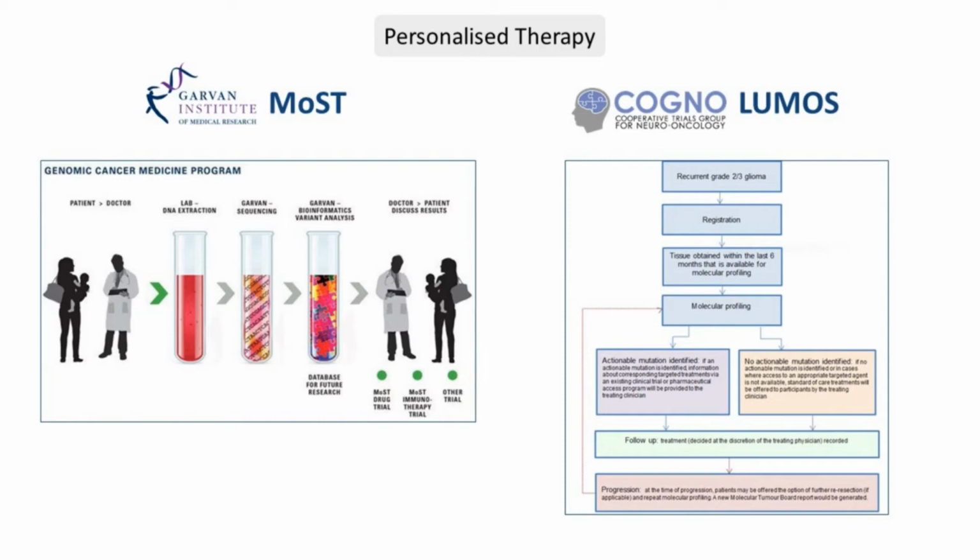And I guess in terms of the targets that we may be looking for, we know that particularly with those lower grade 2 or 3 gliomas, a large proportion of them will have this IDH mutation. And there are a group of drugs that are being developed at the moment in various stages of trials trying to effectively block this IDH mutation, and so that might be a potential targeted therapy.